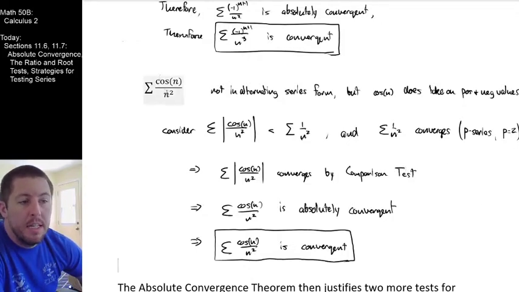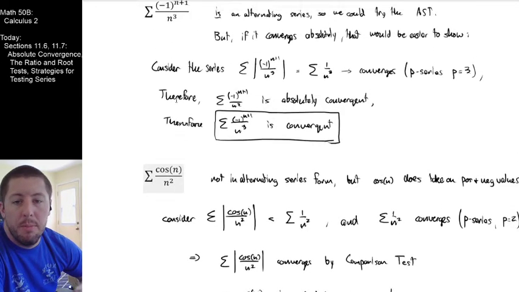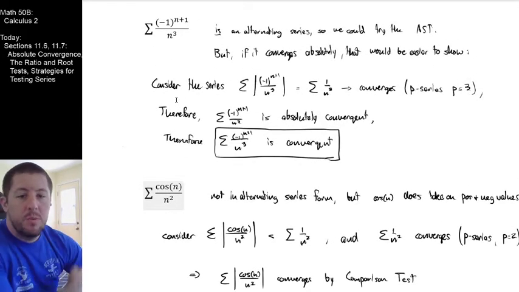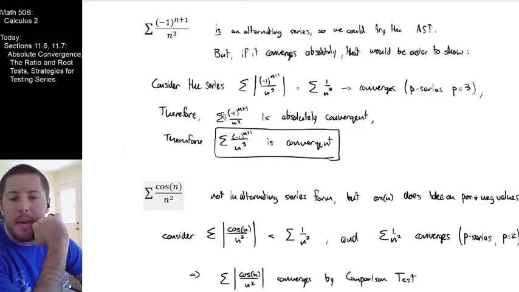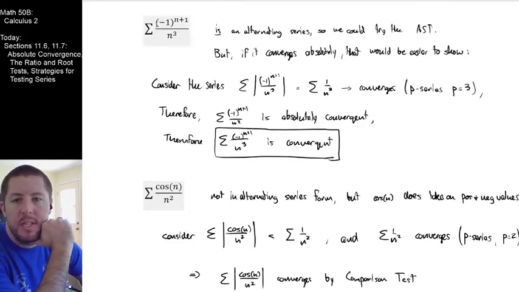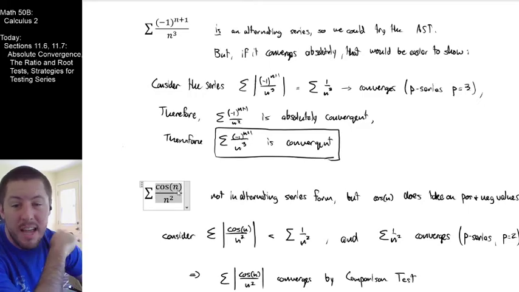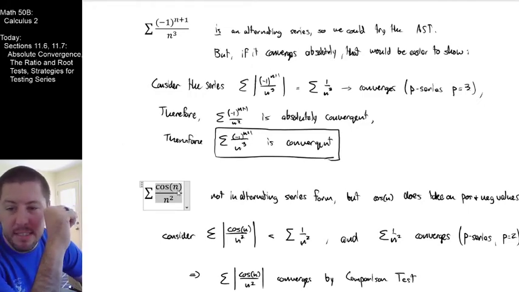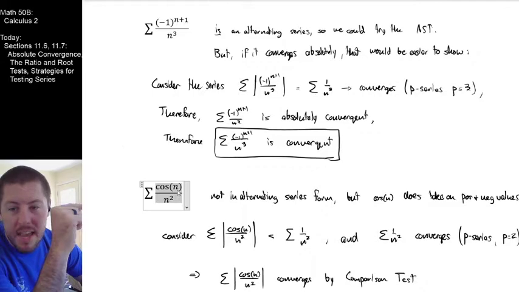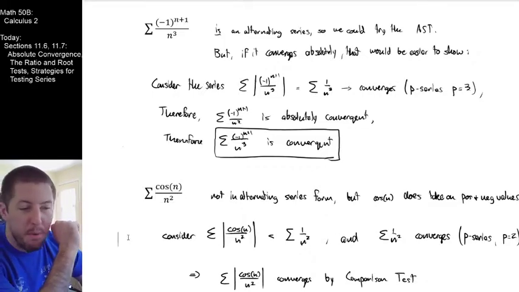So again, I want to come back here and say, this one does not yell at me, think absolute convergence. It yells at me, try the alternating series test, because it's in perfect alternating sign format. This other one is not in an alternating sign format, but it does have some positives and some negatives. This one is yelling at me, check for absolute convergence, because it does have positives and negatives, but they don't alternate every single term.